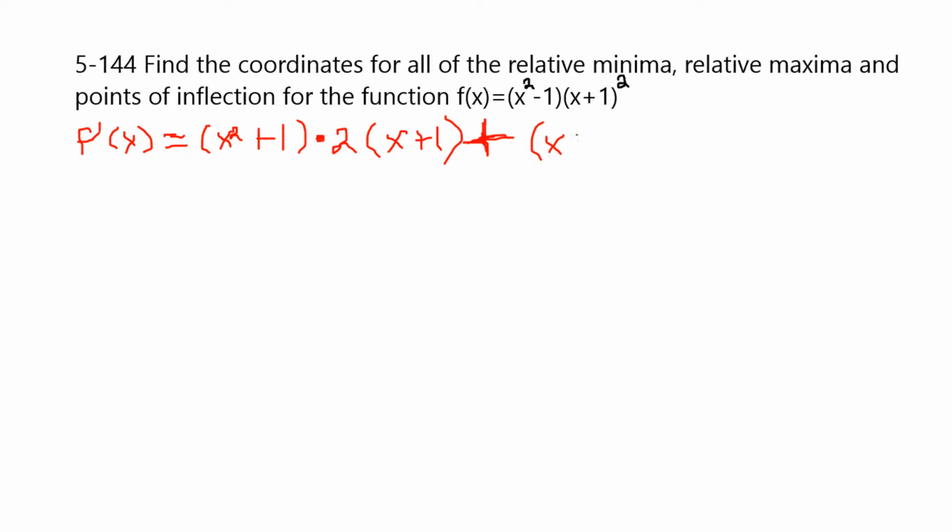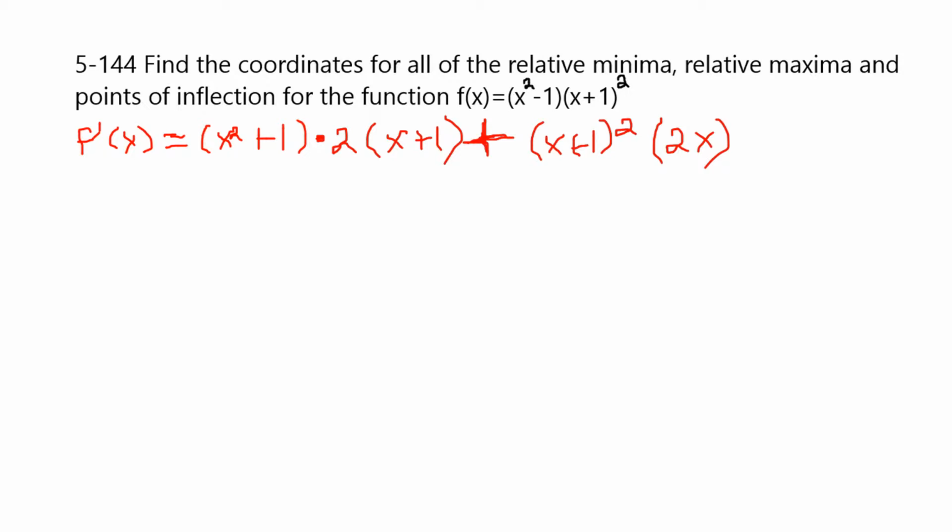Then we do the first times the derivative of the second plus the second, which is x plus 1 squared, times the derivative of the first, which is 2x.